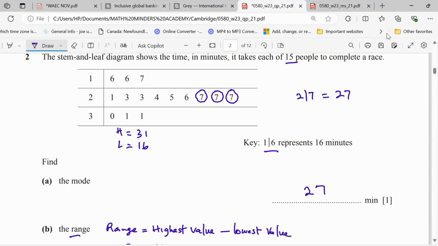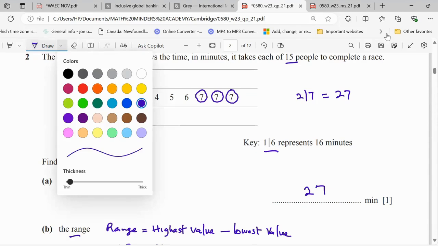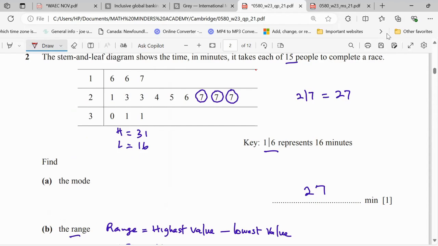So that is 7 to the right, 7 to the left. So the middle will now be the median. So we are going to count now. We count 7 here. So if we count from here, 1, 2, 3, 4, 5, 6, 7. And we count from here, 1, 2, 3, 4, 5, 6, 7.